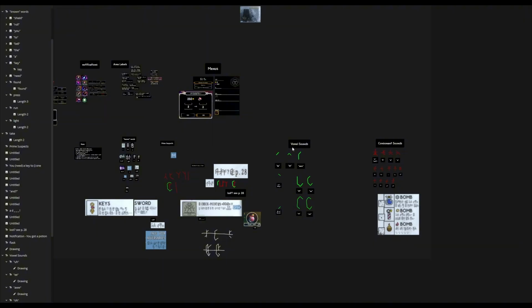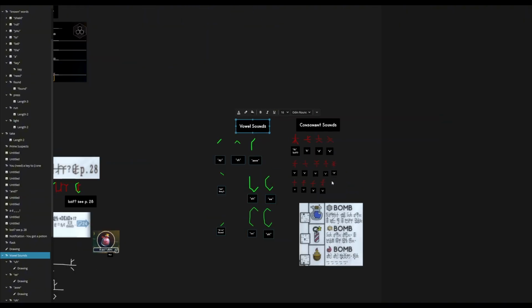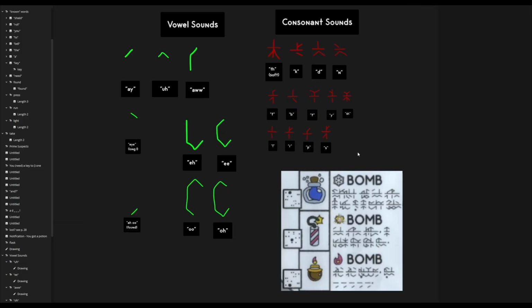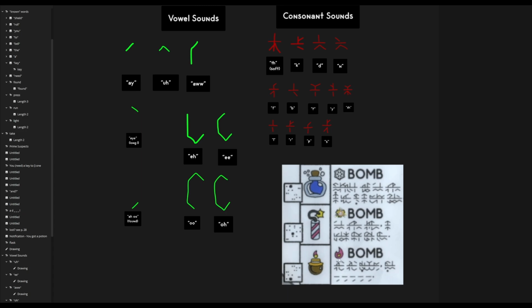I'm going to take my vowel sounds, bring them over here. And let's go. So this is what I don't know yet, but that is also a letter. That's an F.